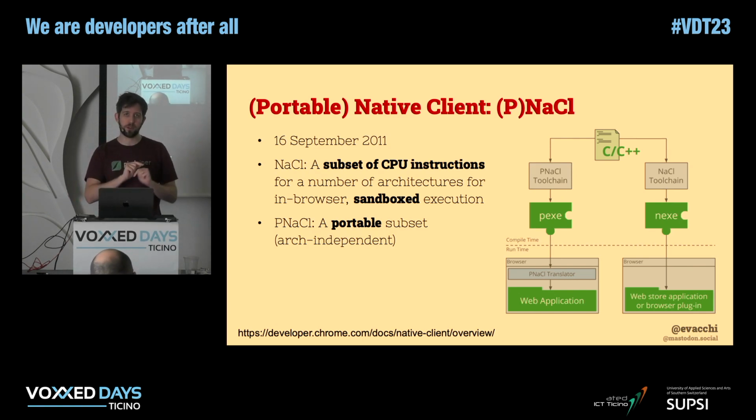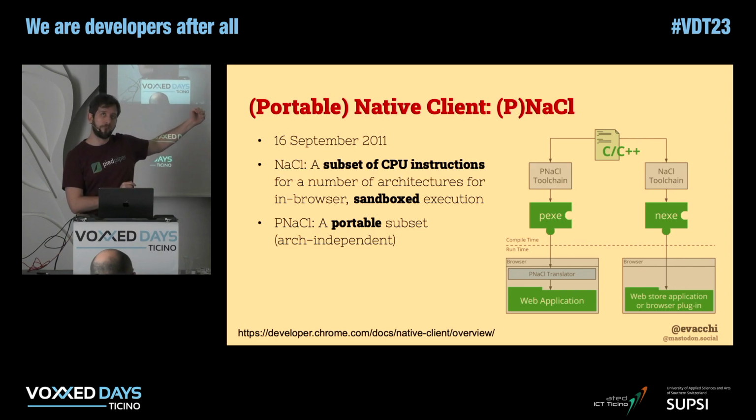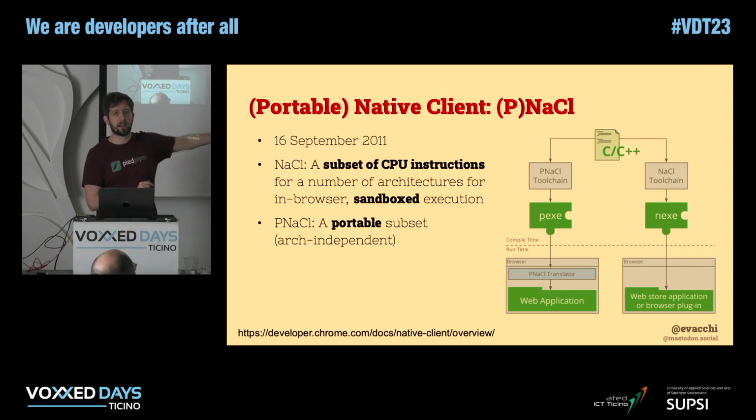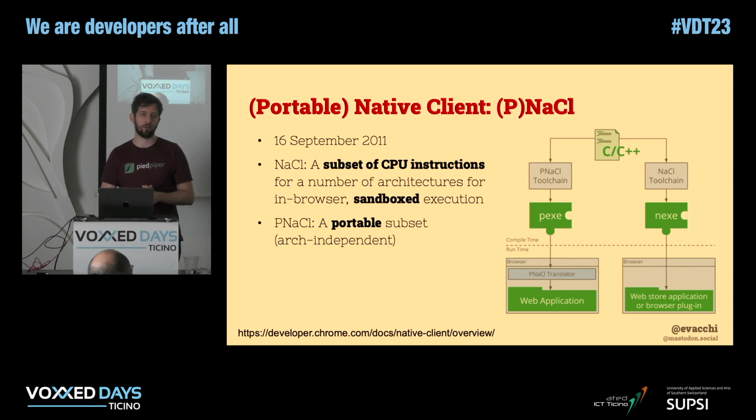There were several CPUs supported, and then there was a variation of that called PNaCl, a portable subset. Basically, there was a kind of VM inside your browser that interpreted that subset and compiled it on the fly into efficient code for your target platform.